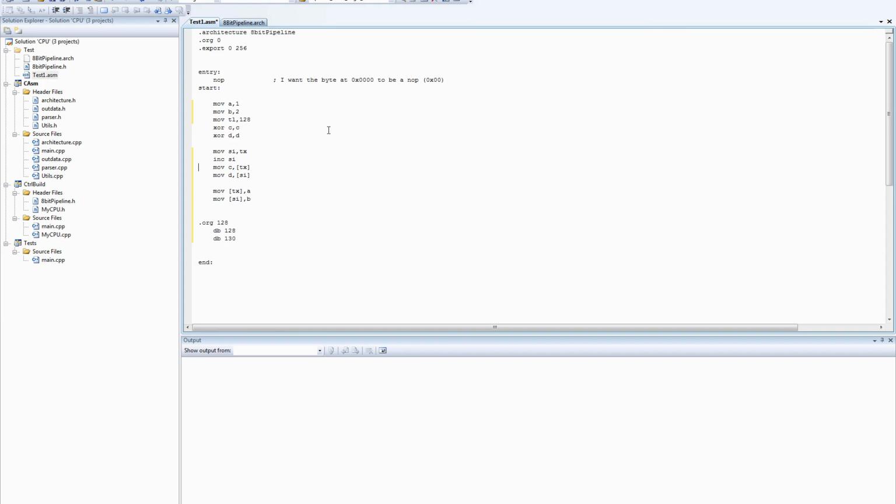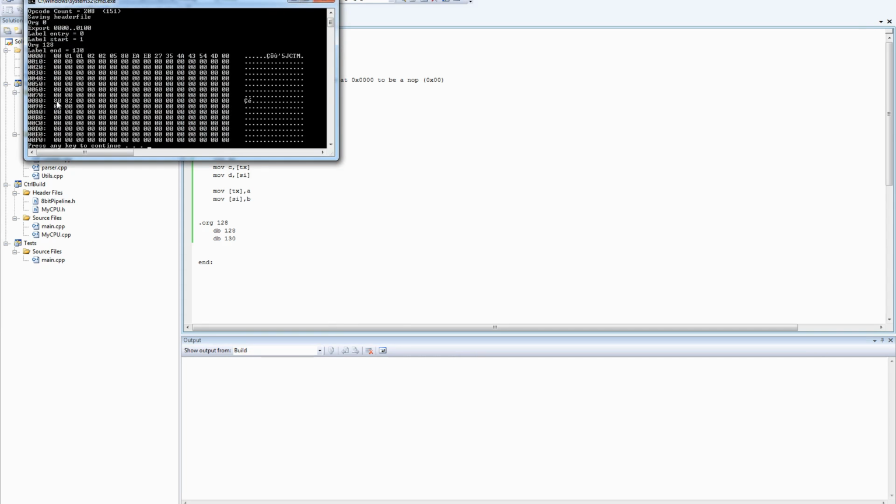We need to do that cycle earlier. If the memory bridge is done and working, C and D should become equal to 128 and 130. And then we should see 1 and 2 appear on the memory data bus when we do the memory writes. We haven't got a RAM chip or the extra circuitry, but that should be a good test.